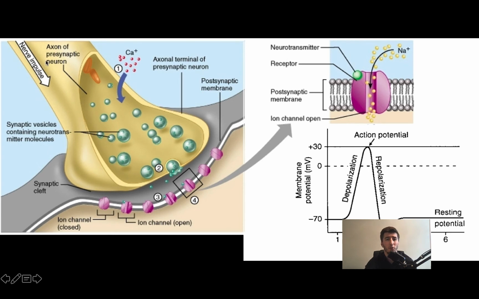So you're going to have a neural impulse traveling down an axon, synaptic vesicles fusing with the membrane, releasing neurotransmitters. Those neurotransmitters are going to bind to the receptor, and that binding to the receptor is going to cause a depolarization of the muscle cell. It's exactly, if you remember, what's going on here.